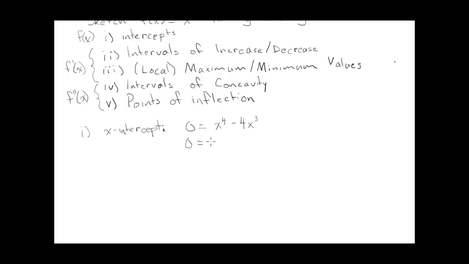There's a common factor of x cubed, and you have x minus 4. So x cubed equals 0, or x minus 4 equals 0, which would mean x equals 4, or x equals 0. So therefore, x equals 0 and x equals 4 are the x-intercepts.